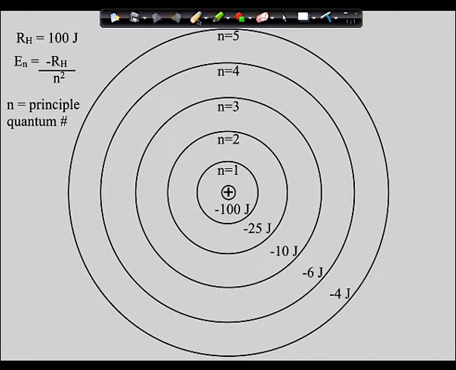Is the value of the energy going up or down? Up. This is negative 100. This is negative 25. What number's bigger? Negative 25. This is negative 10, negative 6, negative 4. So as we move out from the nucleus, the energy of the energy levels is going up.